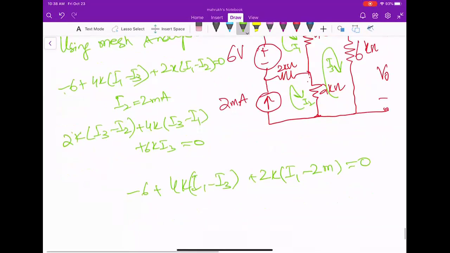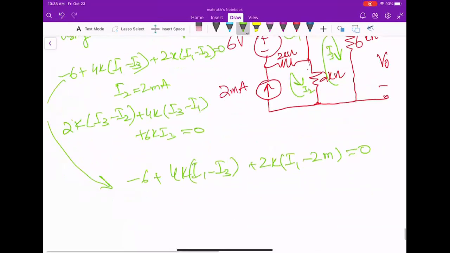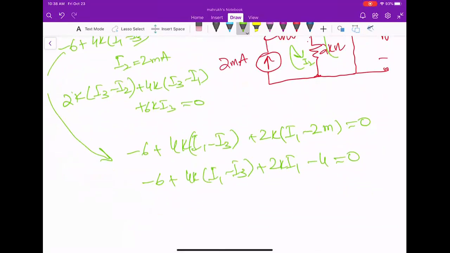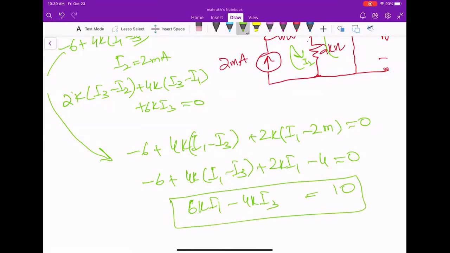First, I am doing this one. Okay, which will make it 10 equals 6K I1 minus 4K I3. Right, so this is my first equation.